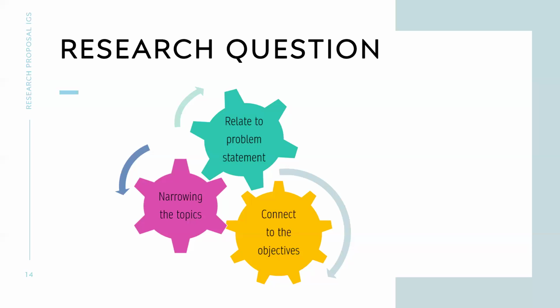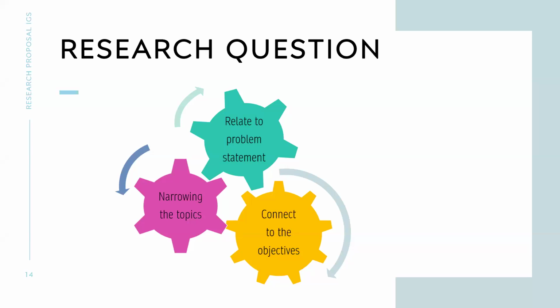Okay, now, what is the method? The second question might be, what is the best method to use in order to differentiate these dialects? And probably the next question might be, how am I going to make sure that the methodology that I use is correct? You see? So when you have all these questions, you will somehow link them to the objectives.